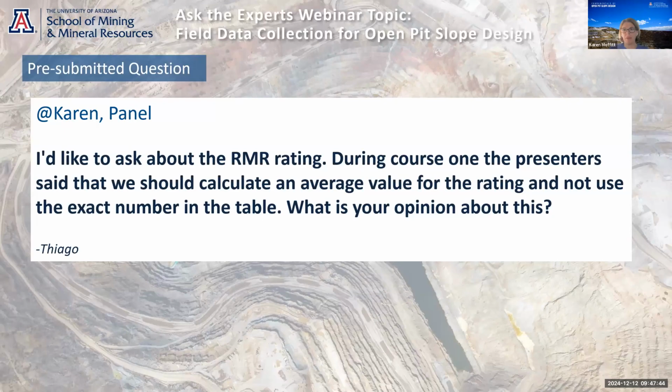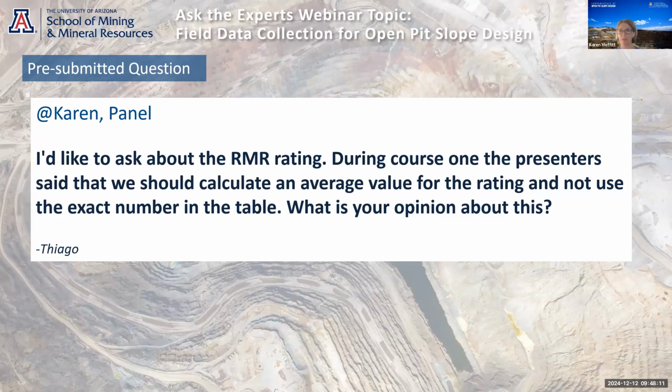I think it would be interesting to hear the whole panel's thoughts on this one because I've seen this question be fairly controversial, and people get quite excited about how we should or shouldn't be doing it. In my opinion, I don't think there's a hard and fast rule. I personally prefer to use the exact number in the table, use the rating as it is, and pick the rating that best matches what you see in the core.